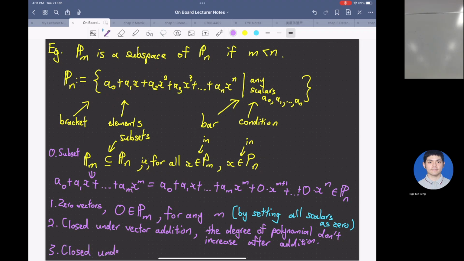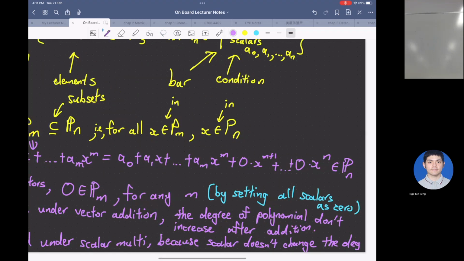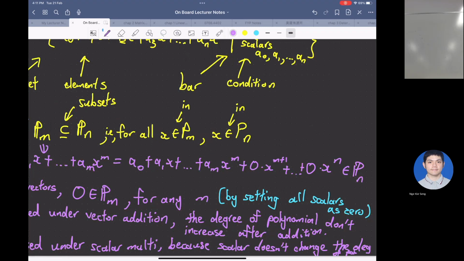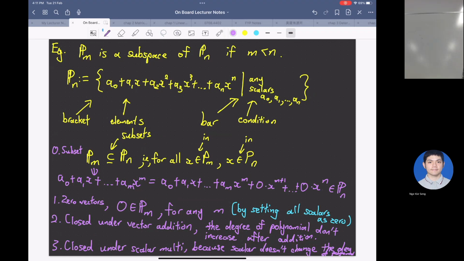It is closed under scalar multiplication because a scalar doesn't change the degree of the polynomial, and vector addition doesn't increase the degree of the polynomial. So you're good. That's why Pm is a subspace of Pn.